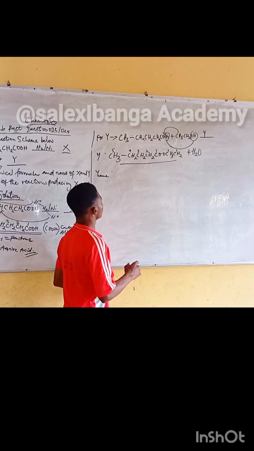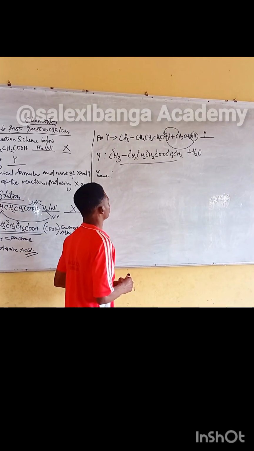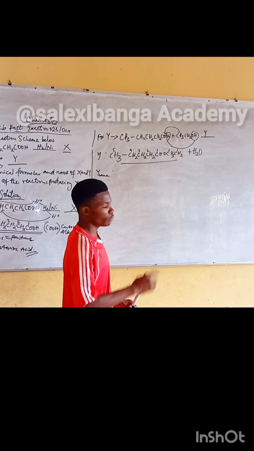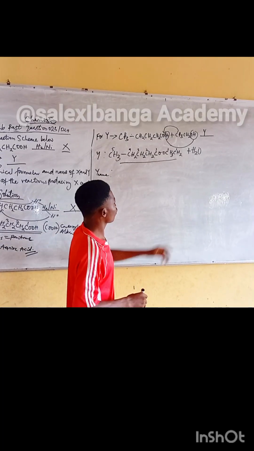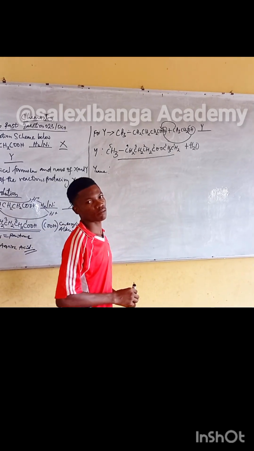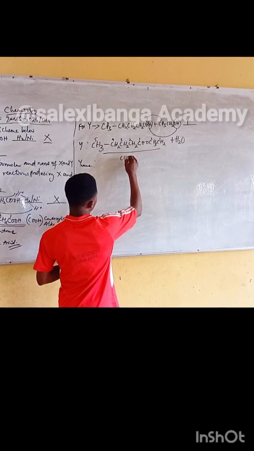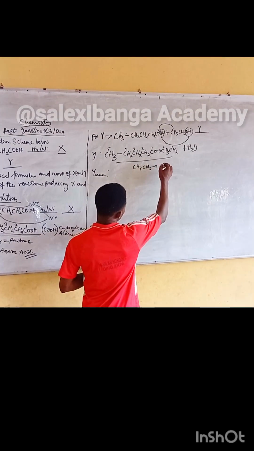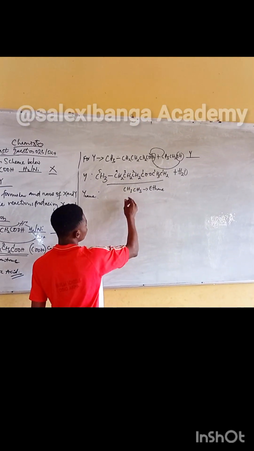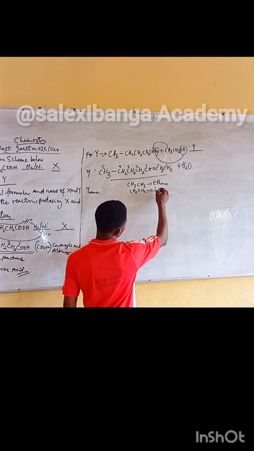Remember, our 5 carbon atom is benzene from here. Naming this CH3, CH2, you need to flash your mind back to alkane. CH3, CH3 gives us ethane. If I remove one hydrogen, I have something like CH2, CH3, which means I'm having ethyl.